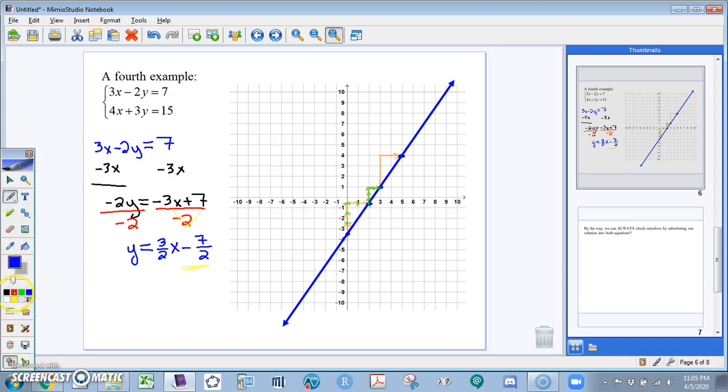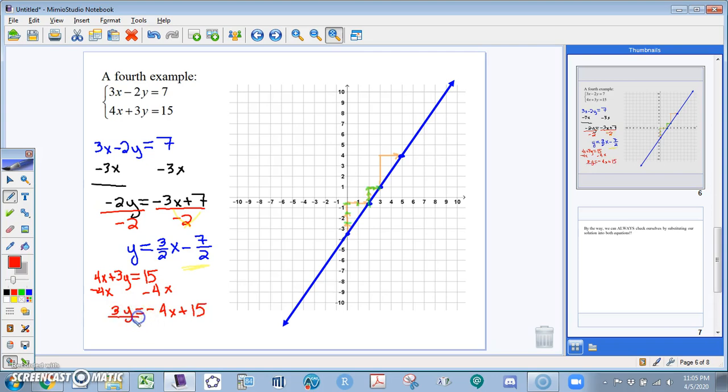All right, my second equation here, I have 4x plus 3y is equal to 15. I'm going to subtract 4x from both sides. That gives me a 3y on this side. Over here it gives me negative 4x plus 15.